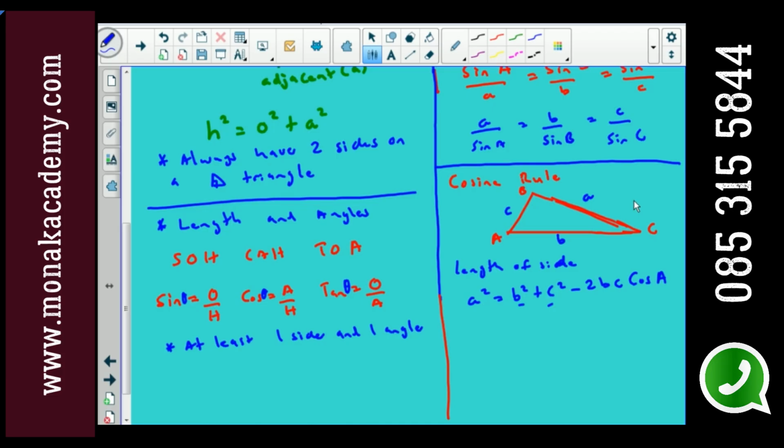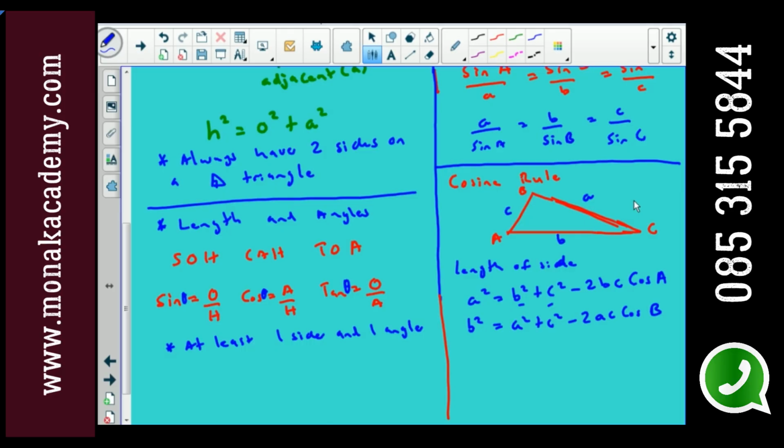Let's say you want B squared. What do you think is going to be? A squared plus C squared minus 2AC cos B. It's like physics, eh?